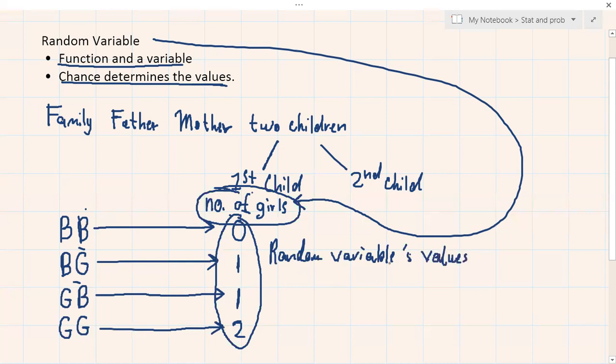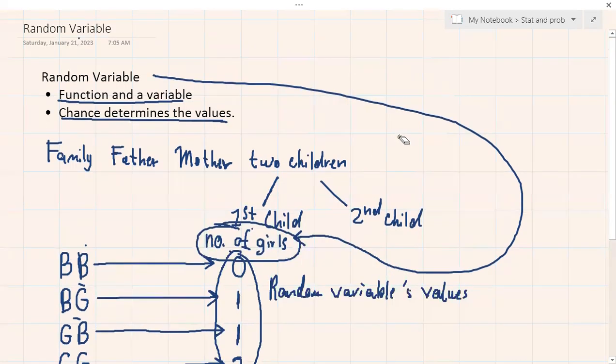Okay? So, basically, that's it. Alright? So, ito guys, ito ay isang example ng discrete probability ng random variable.